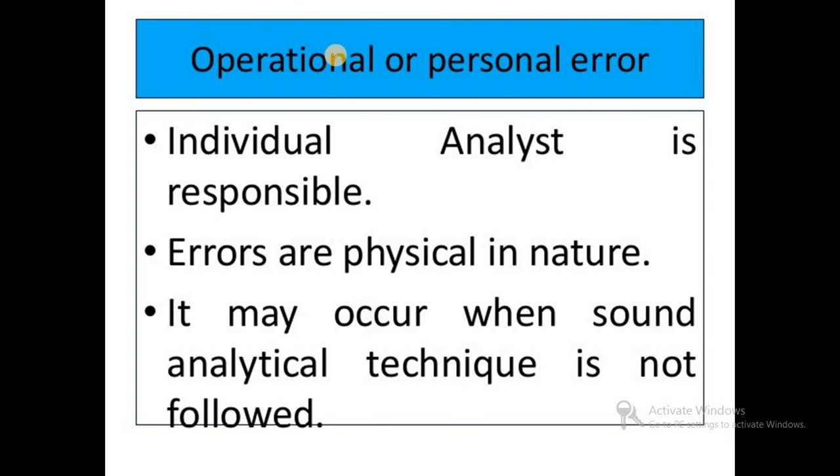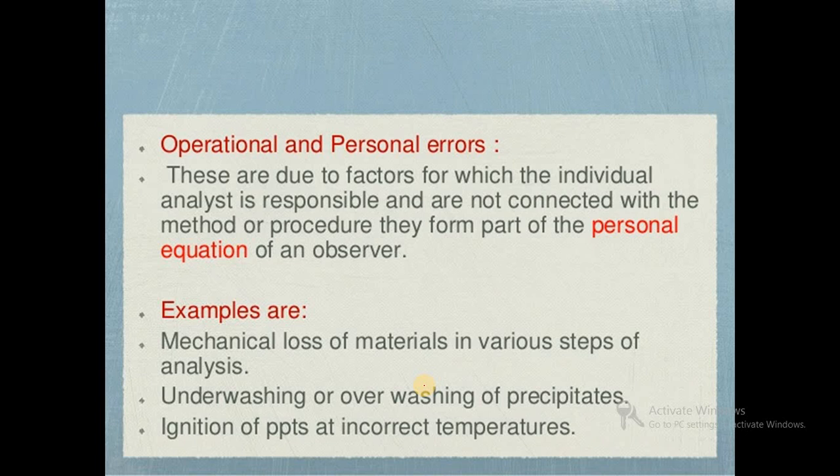Then the next type is operational errors, another name personal. The individual analyst is responsible for operational error. Errors are physical in nature and may occur when sound analytical technique is not followed. If technique is improper, then operational errors will arise.